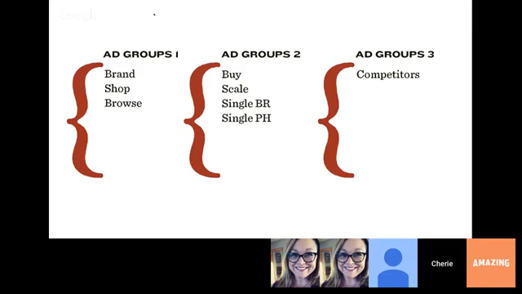Now, if I'm on a budget though, or I'm trying to use my dollars wisely to make me money, my auto campaign goes into the competitor category of phase 3. So only will I invest in auto if I have a budget after I have done my brand, my shop, my browse. I've won my category keywords and my brand keywords. That's phase 1.